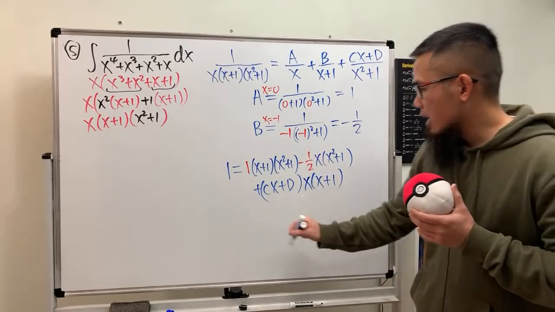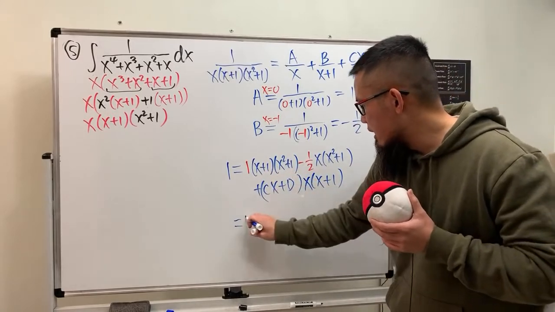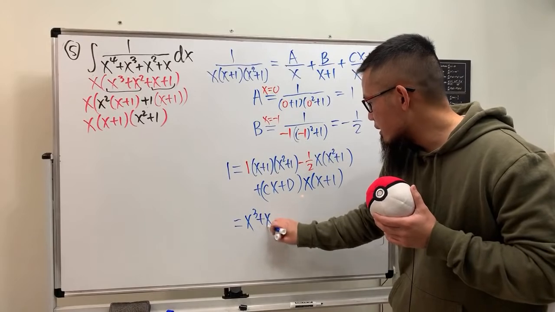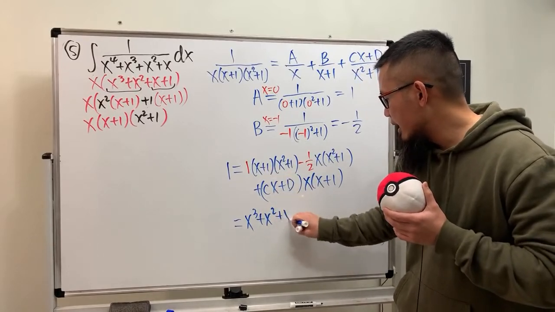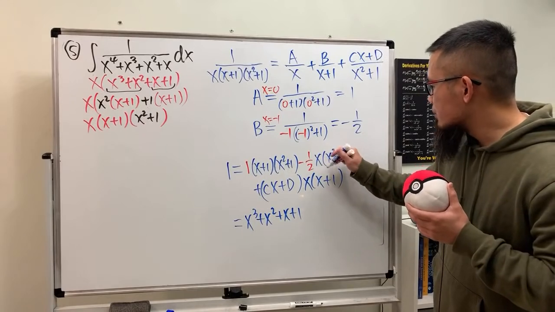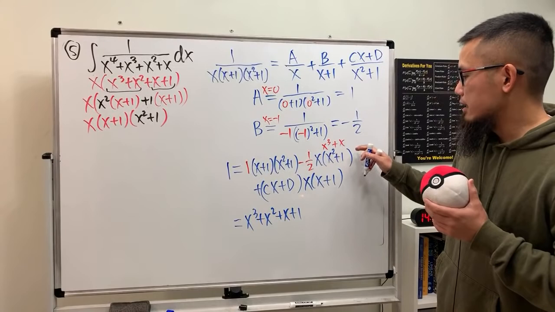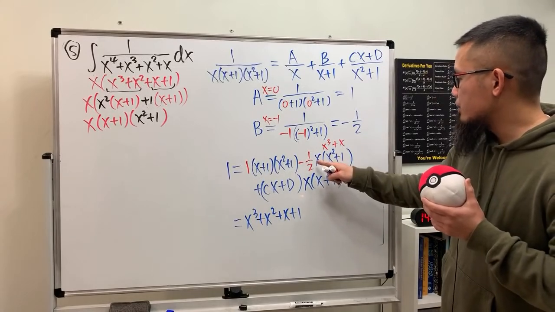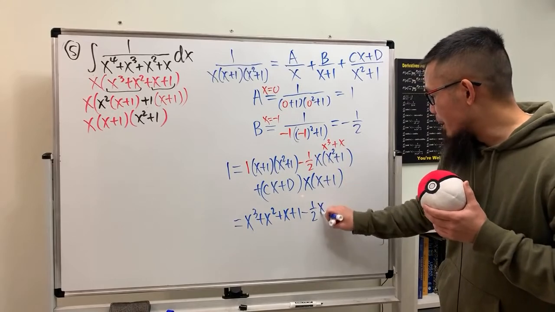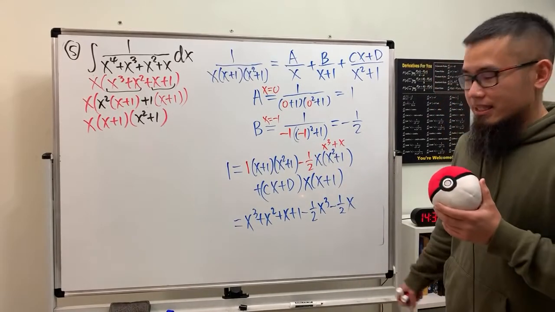All right, and then just kind of simplify the right-hand side. So let's see, this right here is going to give us x to the third power plus x squared plus x plus 1. This right here is the same as saying x to the third power plus x, right? Yeah, and then just distribute the negative 1/2. So negative 1/2 x to the third power, and then negative 1/2 x.